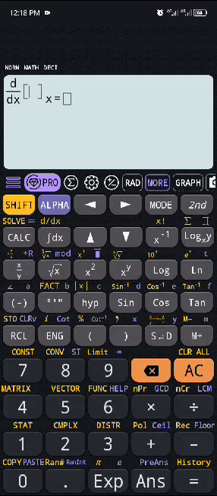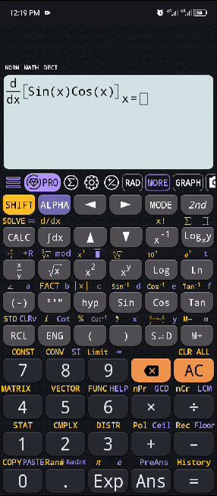Now you input what you want to differentiate. Let's say sine x. To get x, press alpha x, then close the brackets, then cosine x, so cosine alpha x. Let's assume that this sine x cosine x is what they asked you to differentiate.